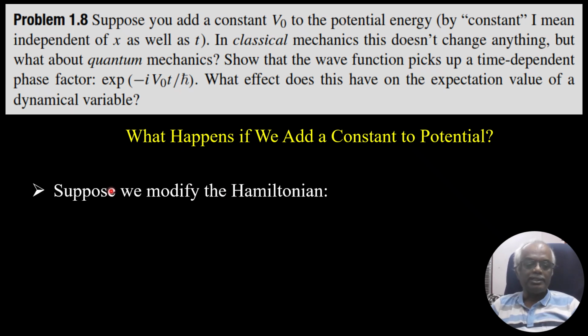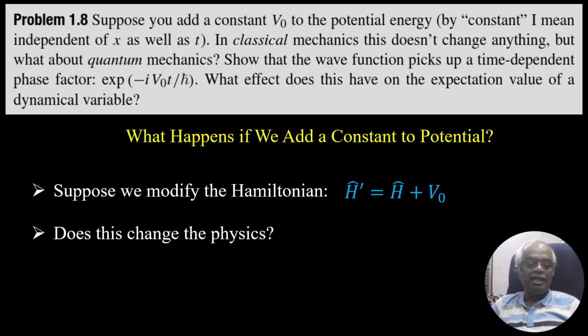Suppose we modify the Hamiltonian H, that is, H prime is equal to H plus V naught, because we are adding some potential. Then does this change the physics? That is one important question.